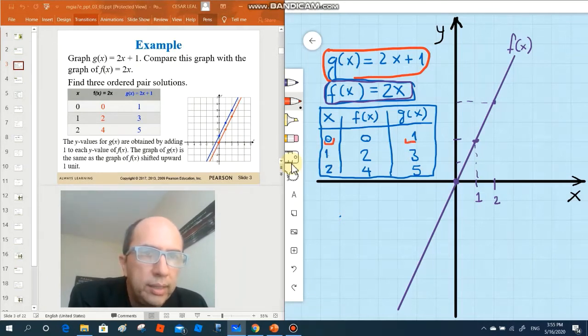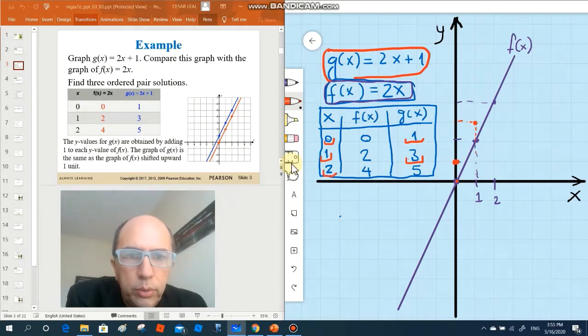g(x) is (0, 1), x equals 0 and y equals 1. Here x equals 1 and y equals 3. And x equals 2 and y equals 5.